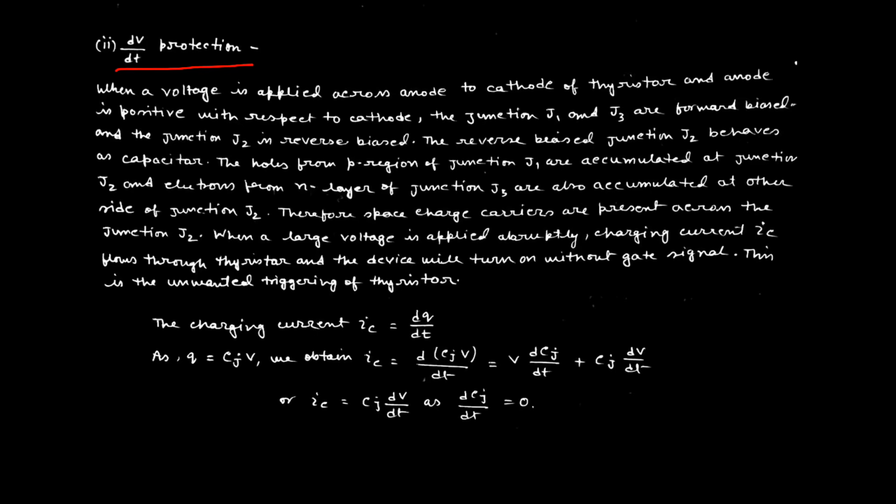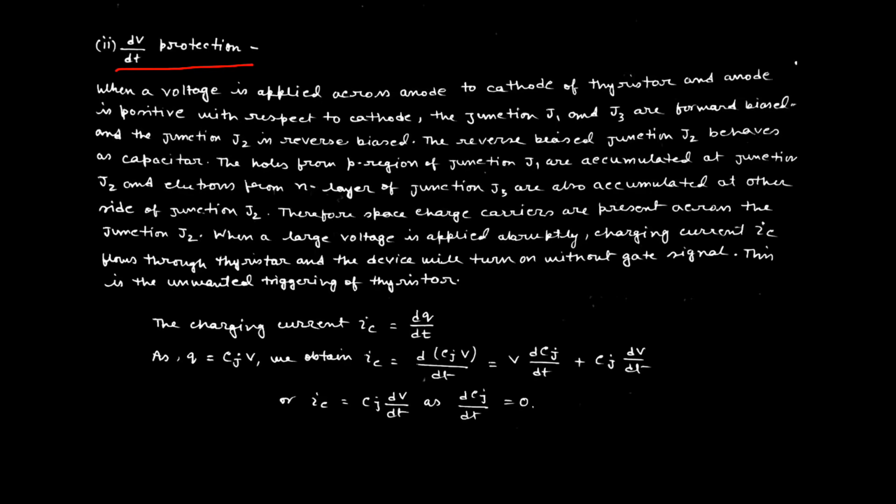The holes from the P region of junction J1 are accumulated at junction J2, and electrons from the N layer of junction J3 are also accumulated on the other side of junction J2.